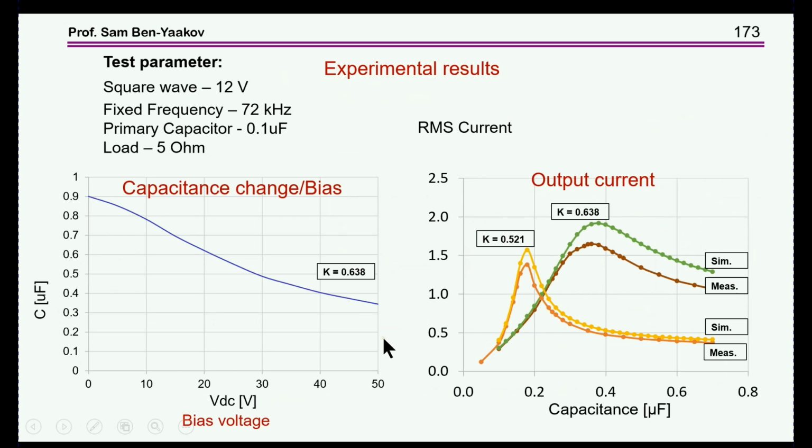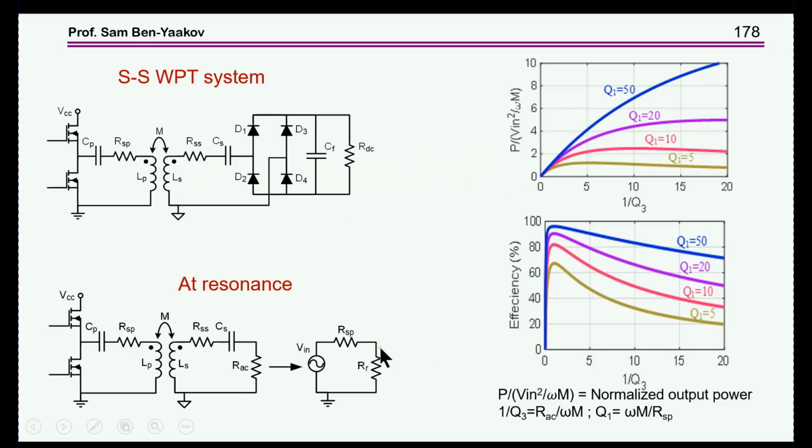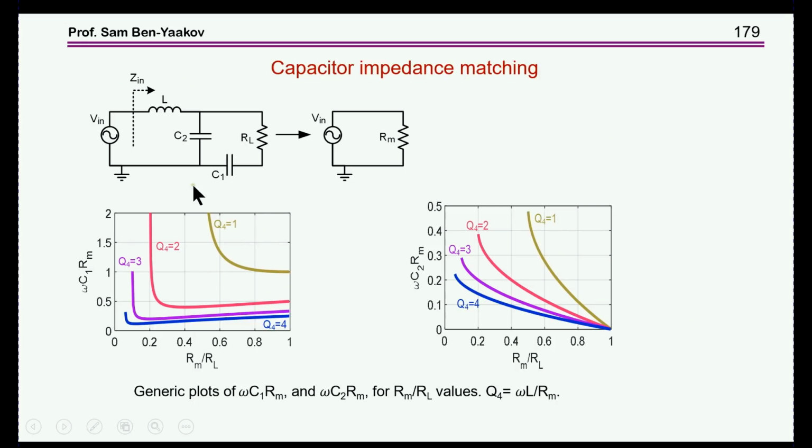Another way to do the impedance matching is by regular impedance matching network, and one of them is capacitor-based matching. That is, to have two capacitors which are used as an impedance matching between this circuit and the load.